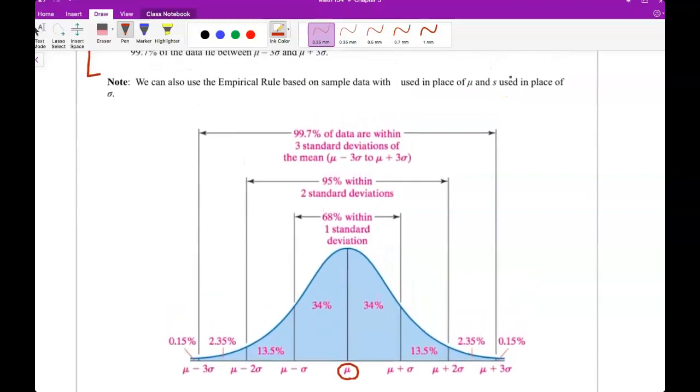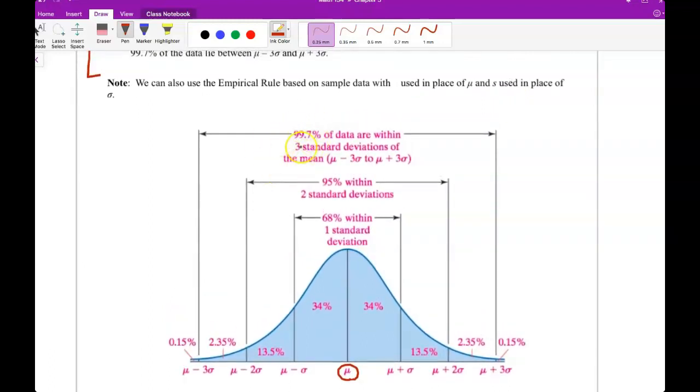So let's write that here. 99.7% of our data values are within three standard deviations, plus on the side we have 0.15%, plus here on the right side 0.15%. In total is 100%, and that is the area for this distribution. So in total the area is 100%.